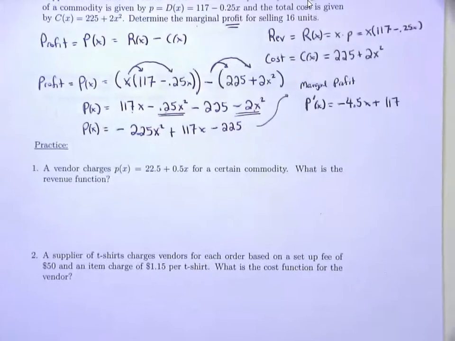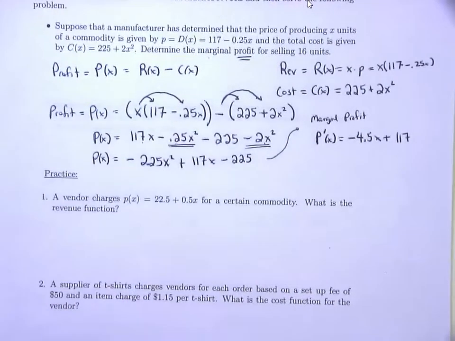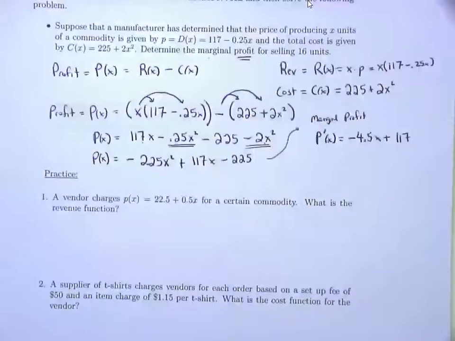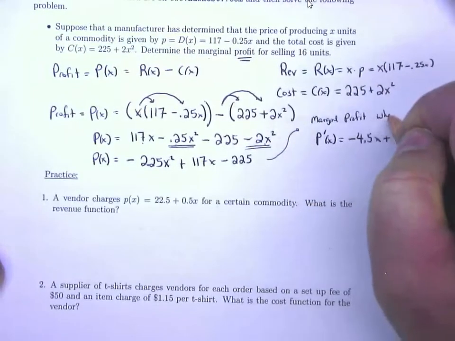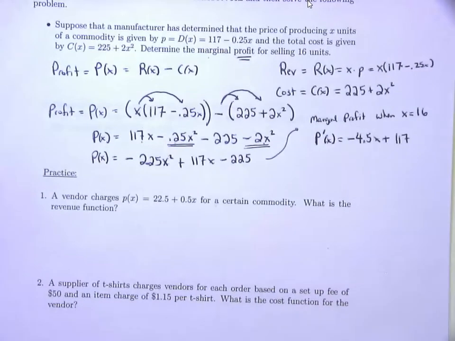So there's my guide. But go back and make sure you read the question here. What was the question? Determine the marginal profit for selling 16 units. So we wanted to find the marginal profit when x, which is the number of sales, is equal to 16. So what's my last move? You got it. Plug in 16 into your equation.